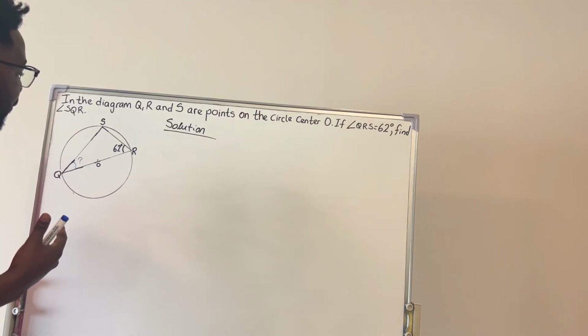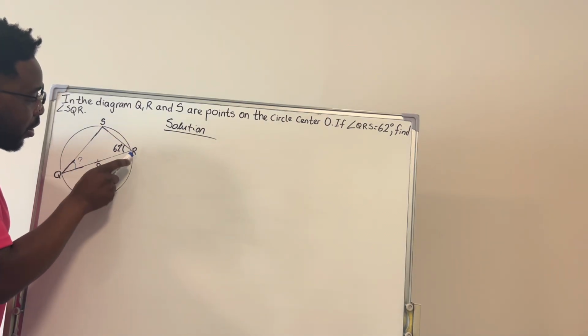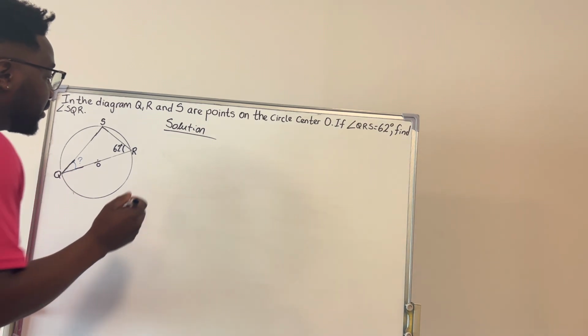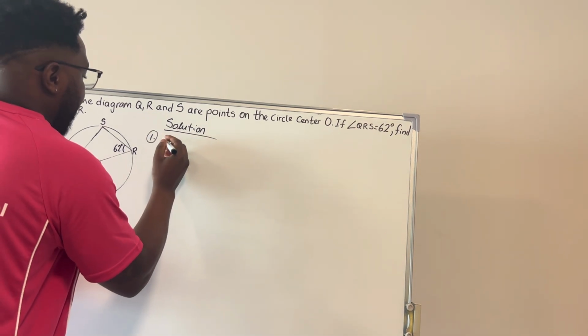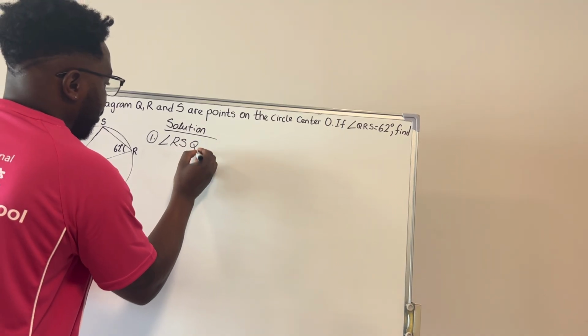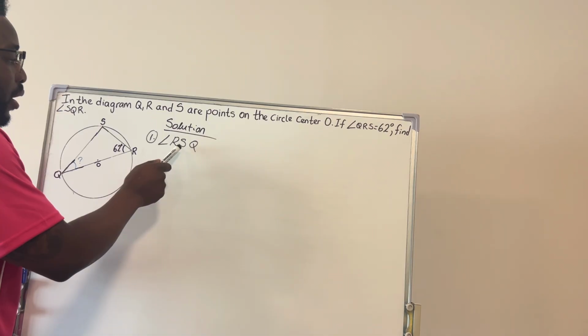Our first step will be finding this angle right here, angle RSQ. So that will be our first step. Let's find angle RSQ, right? And how then do we find angle RSQ?